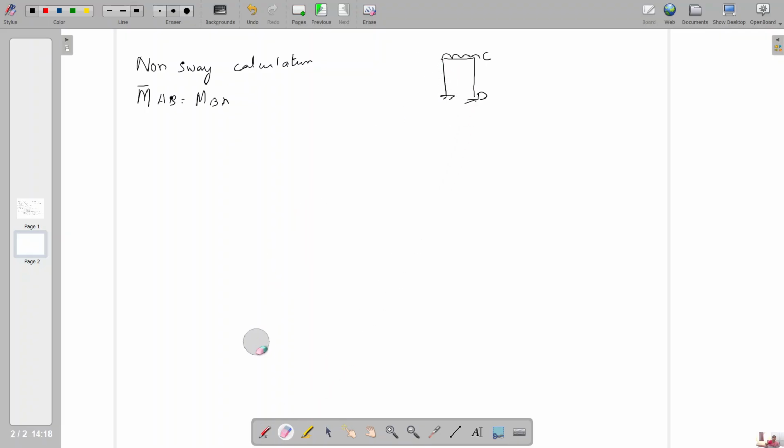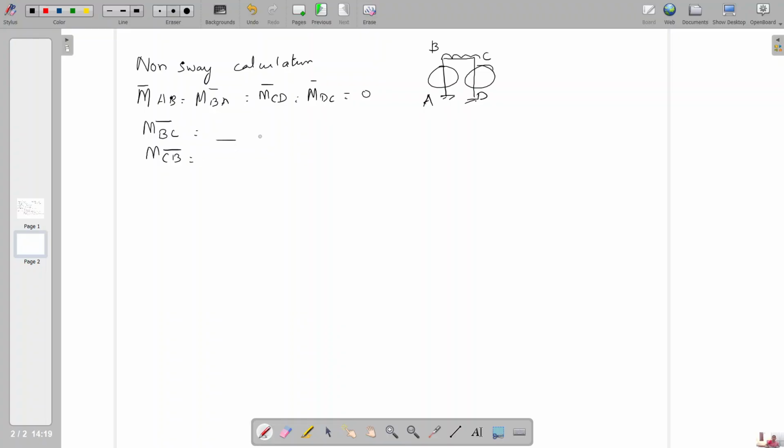Here the first support you keep as A, the second one is B, and M bar CD and M bar DC. So all the fixed end moment values are 0 because there is no load in this area. Only we will get M bar BC and M bar CB.